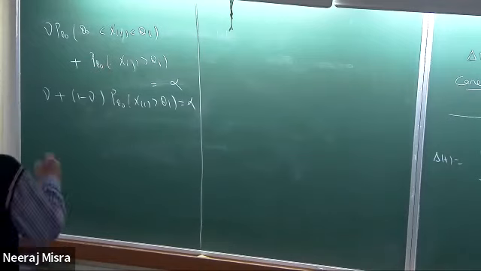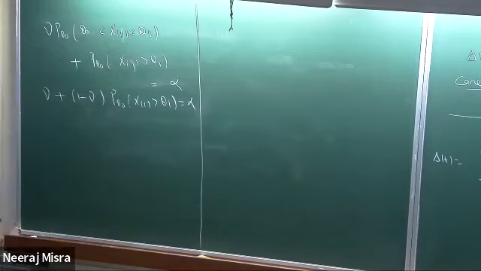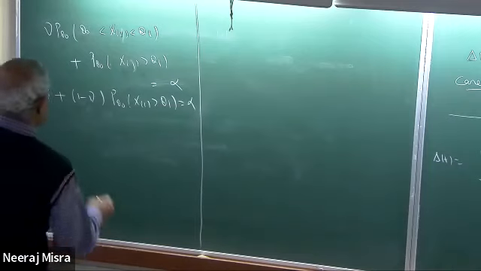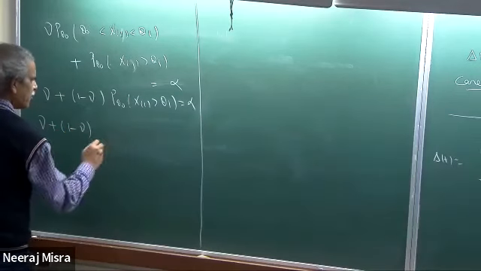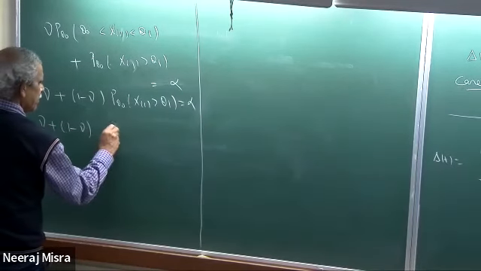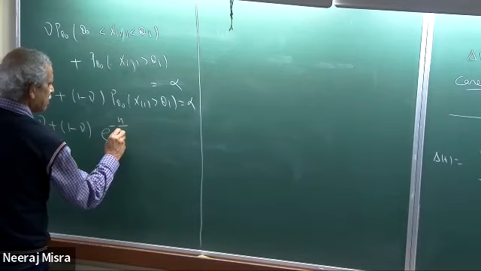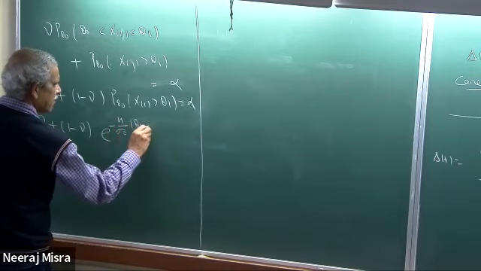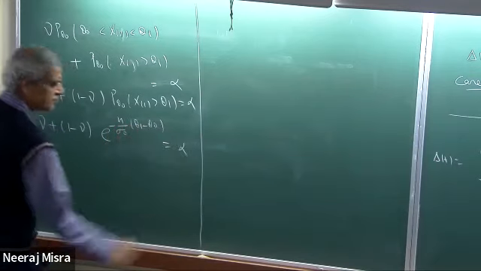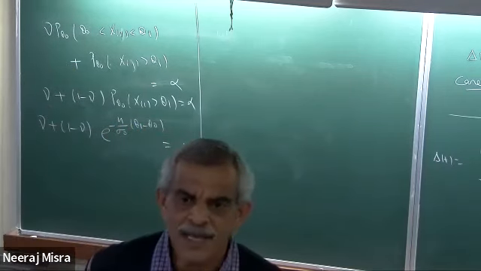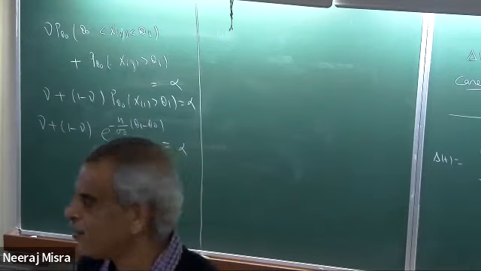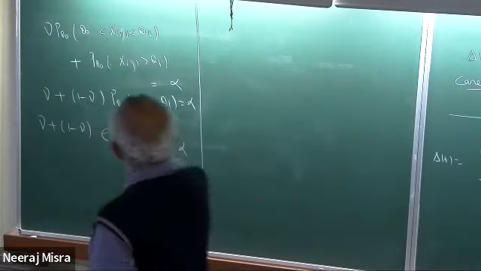But you know the distribution of the minimum: n times minimum minus theta naught by sigma naught is exponential. So this is the same as gamma plus 1 minus gamma times this probability, which would be e to the power minus n by sigma naught times theta 1 minus theta naught. Because if X is exponential with mu and sigma, then the probability that X is greater than t is e to the power minus the scaled quantity, and theta 1 is bigger than theta naught.